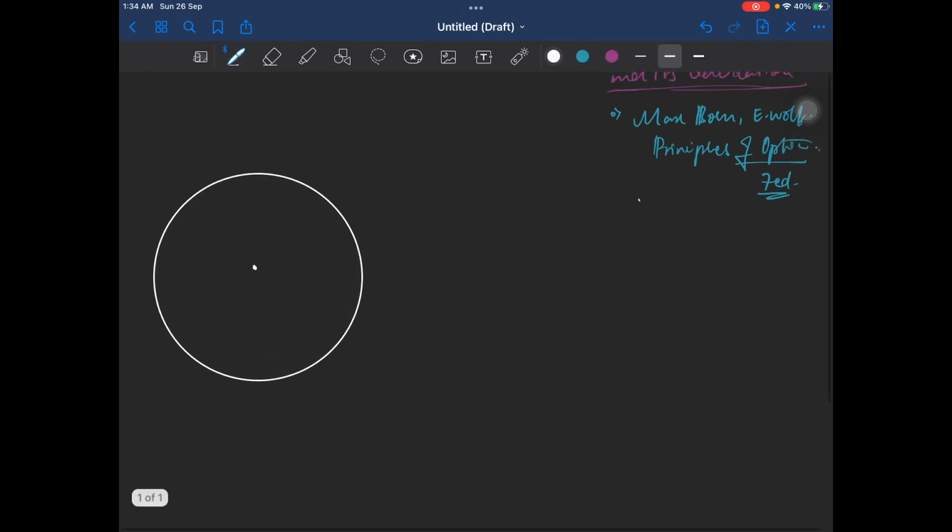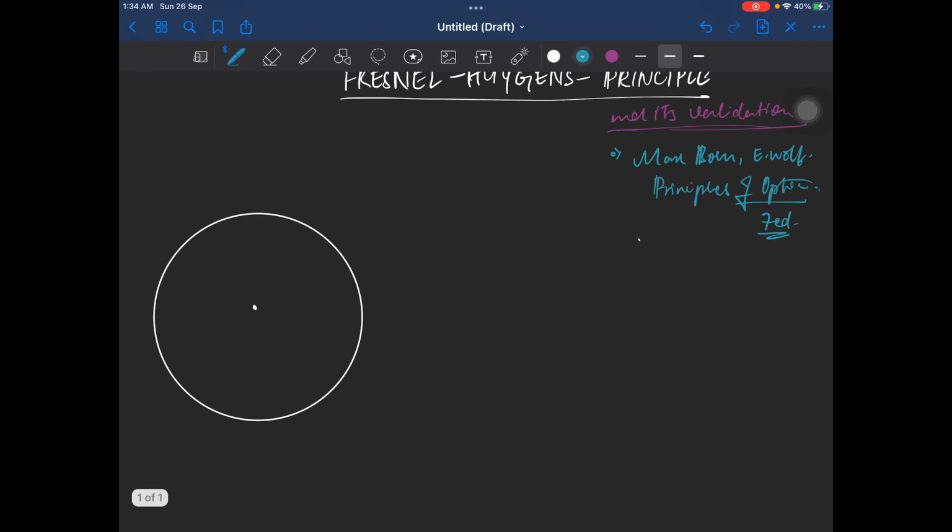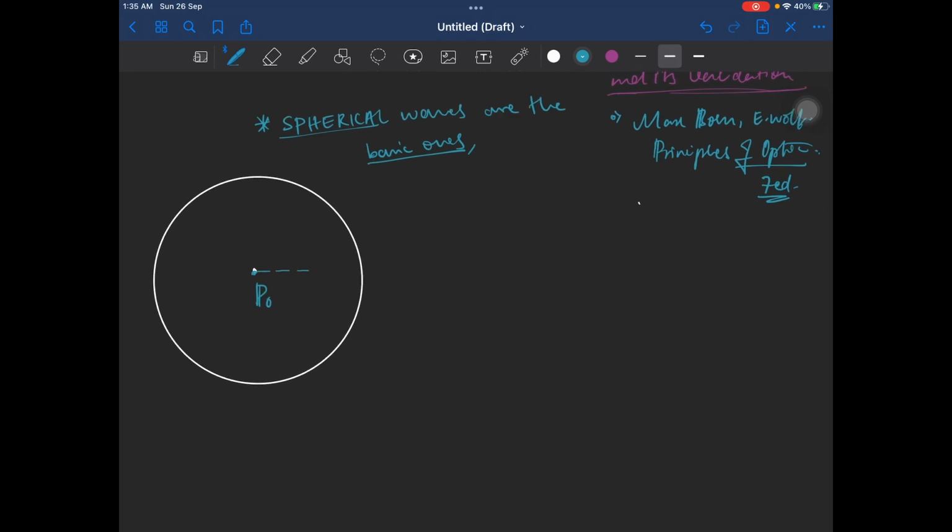The first thing is that spherical waves are the basic ones. Everything emits spherical waves. This point source, let's call it P0, and let's say this is P.